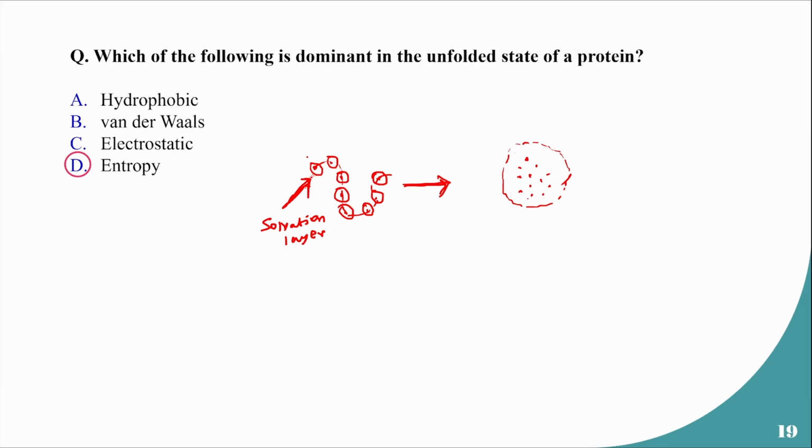Earlier, the sum of all of the covered surface or volume of the solvation layers was higher, and that indicates a higher value of ordered structures being present here.